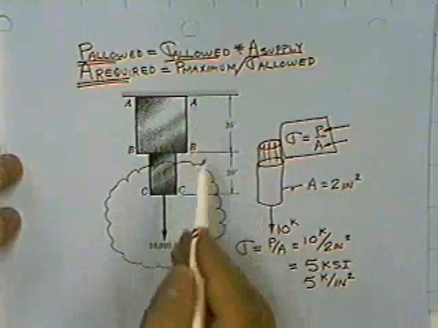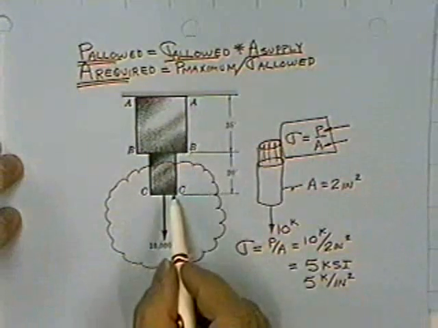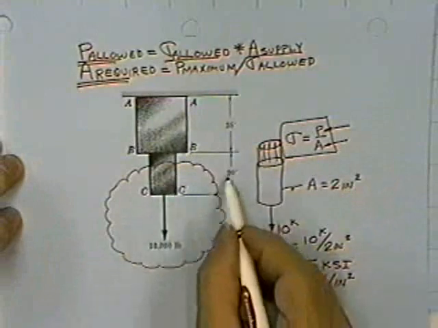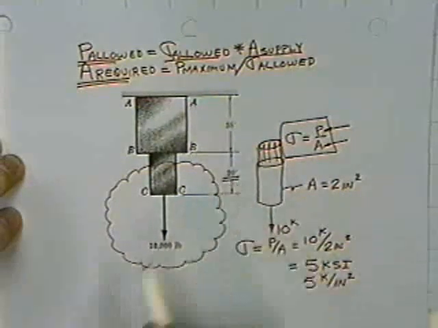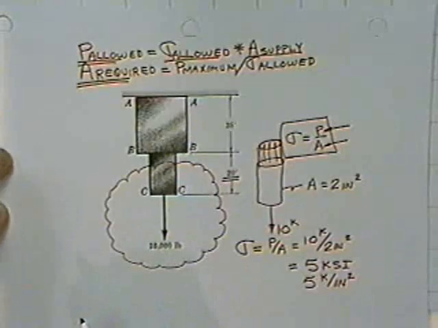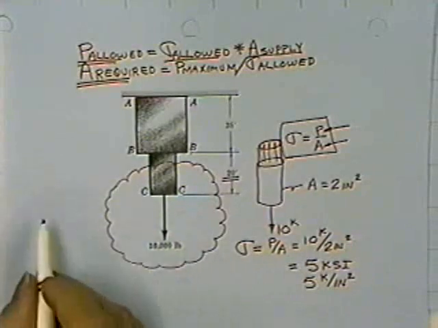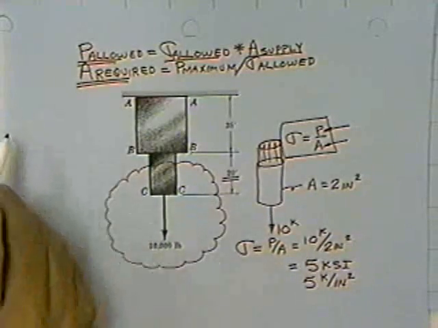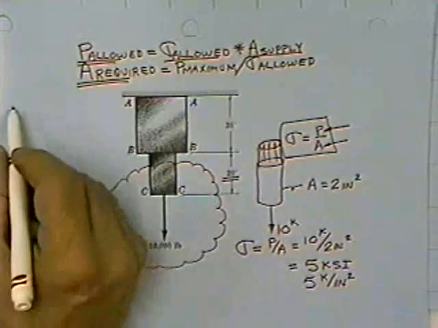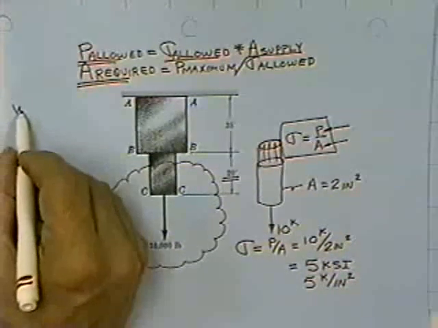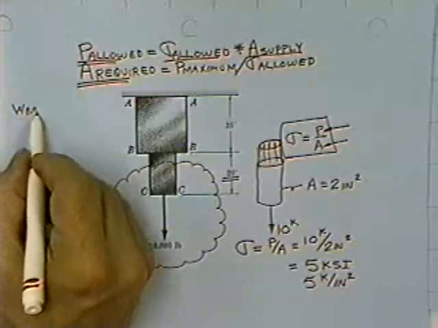Now then, let's say that in this case we've decided to include the weight of the structure. This is a 20-foot long piece of bar, so that's a reasonably heavy piece of bar, and it may change the answer for the stress in the bar slightly. So I'm going to calculate the weight of the bar.